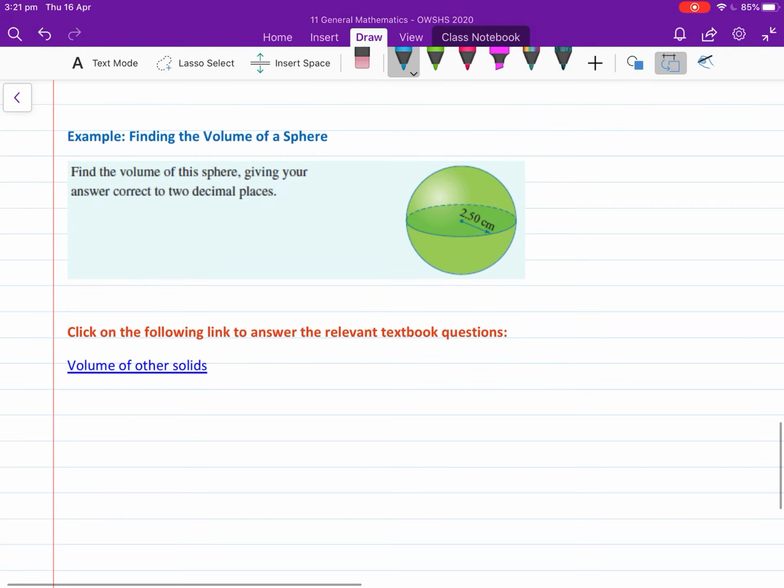Our final example is for a sphere. Now, the volume of a sphere is 4/3 pi r cubed. Okay, so in this particular example, they've given us the radius of 2.5 centimetres, and if we were given the diameter, we would take the diameter and divide by 2, which would give us the radius.